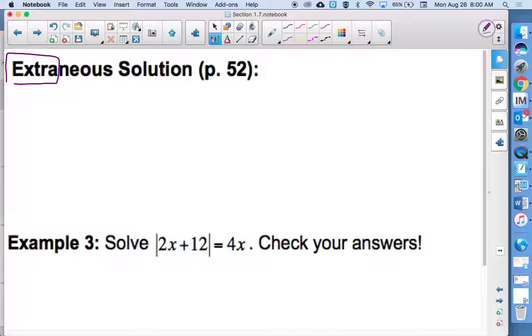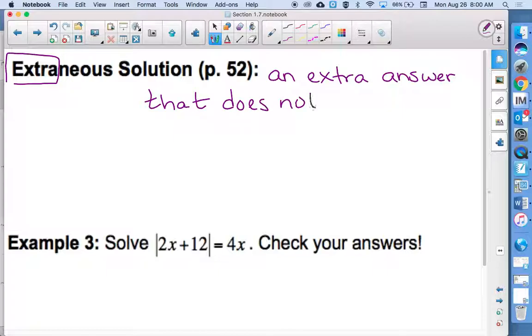Sounds like extra solution. Yeah, it's an extra solution. So sometimes we have extraneous solutions, or an extra answer, that does not work when substituted into the original problem. We're going to run into these various times throughout the year.